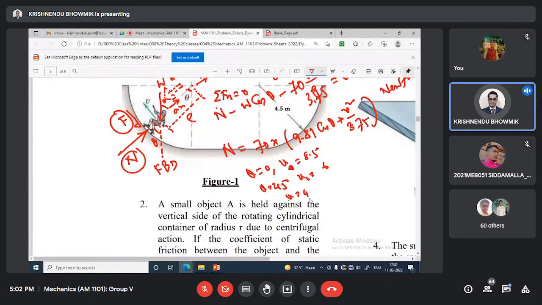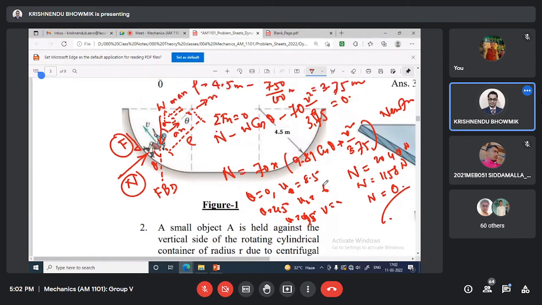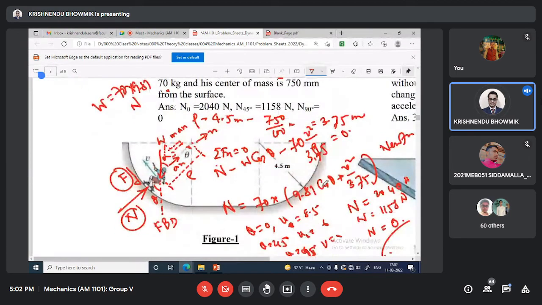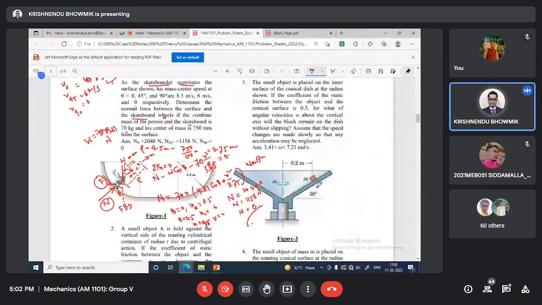Theta equal to 90 degree, V equal to 0. So you can get corresponding N value, 2040 Newton. Here 1158 Newton, here N equal to 0. So last case N equal to 0, because at that case your velocity itself is 0. Now you just utilize this figure and you will get those values.